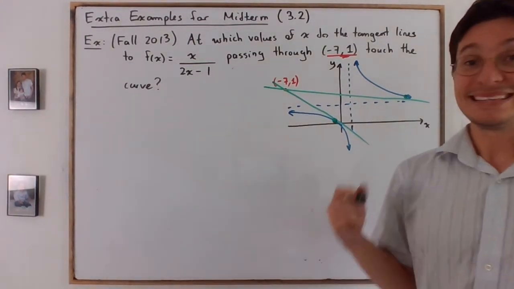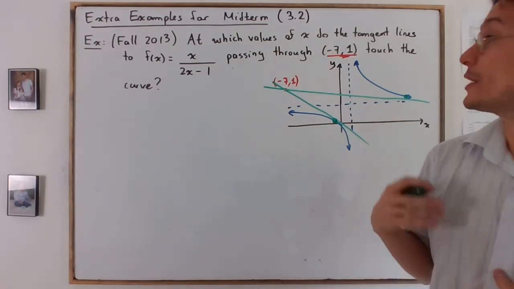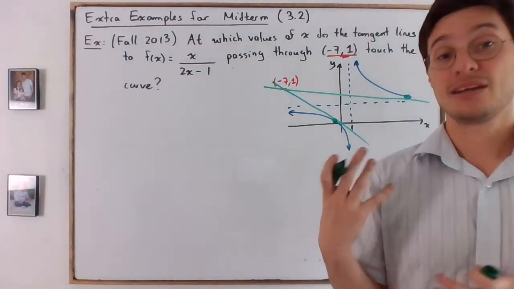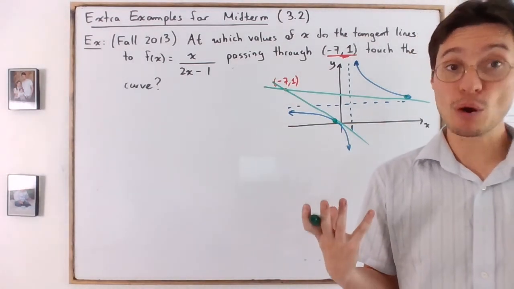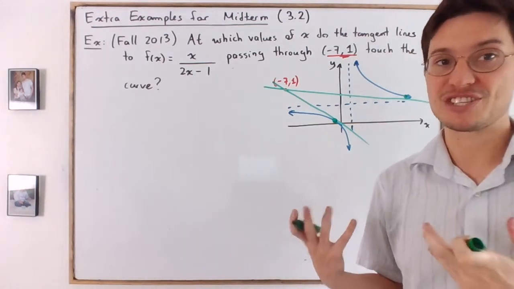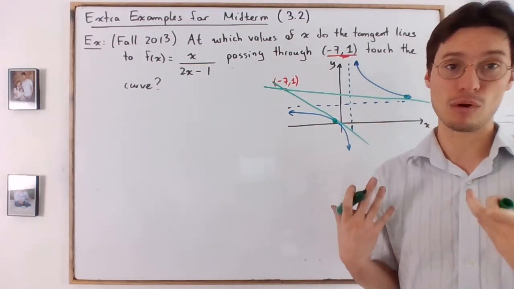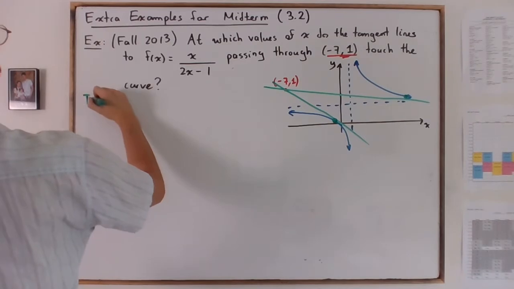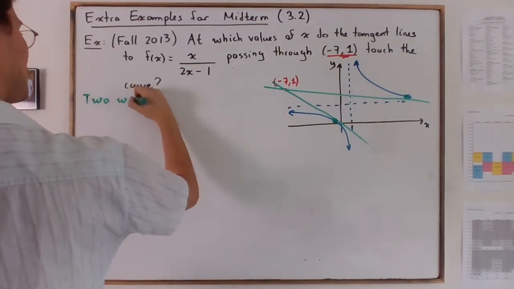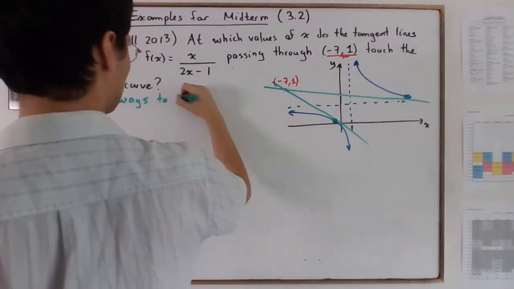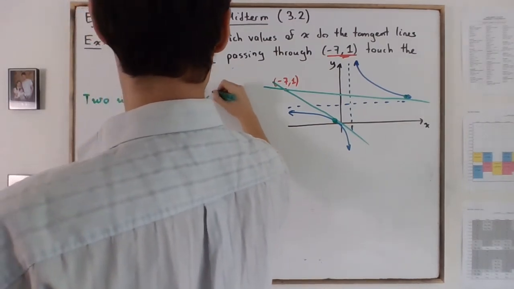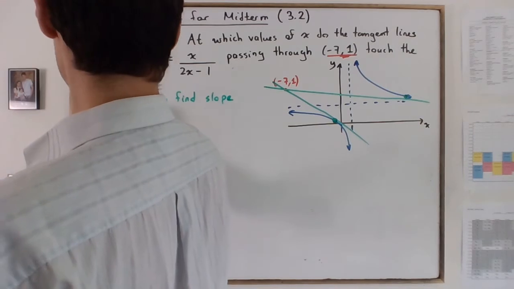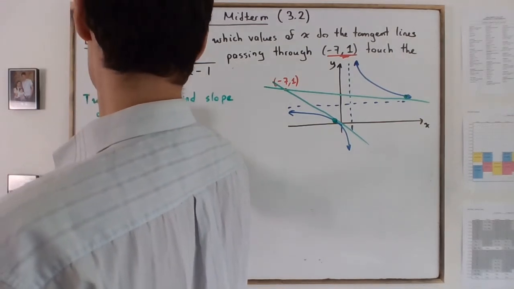The idea of the problem, the way we're going to solve it, is that there are two ways we can find the tangent line, and both of them will give us an expression of x that we will set equal to each other. So, two ways to find a slope of the lines.